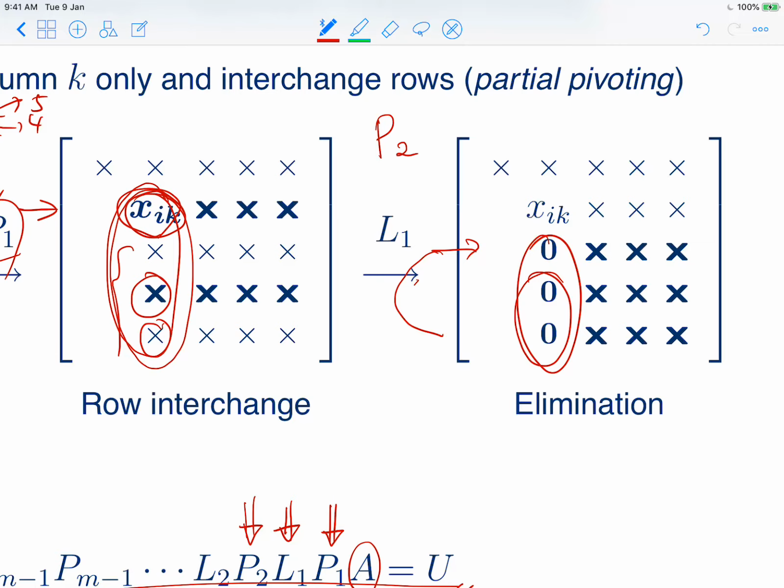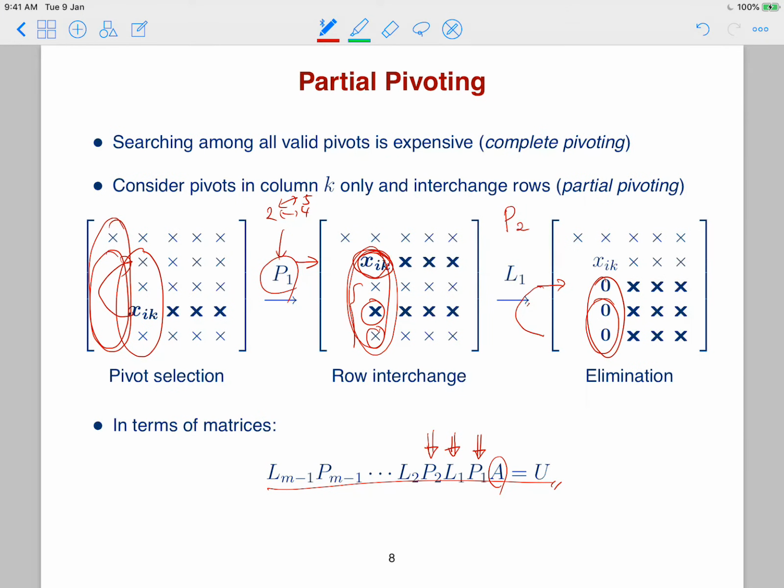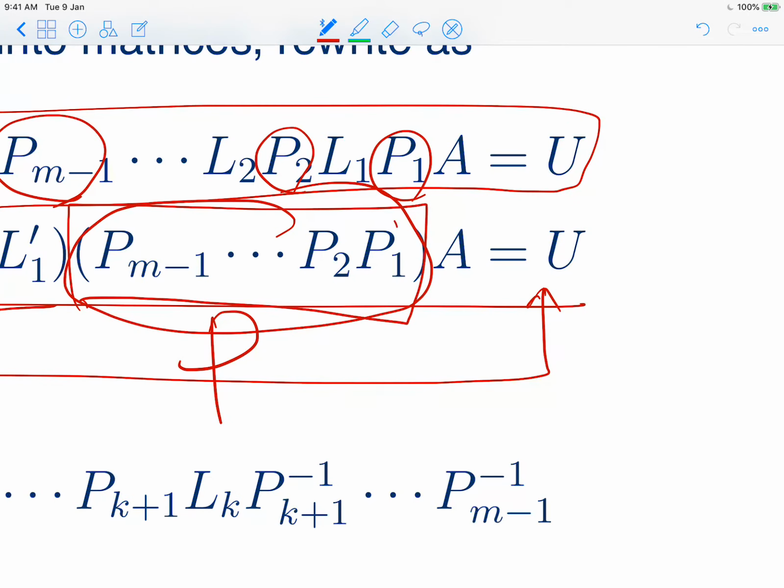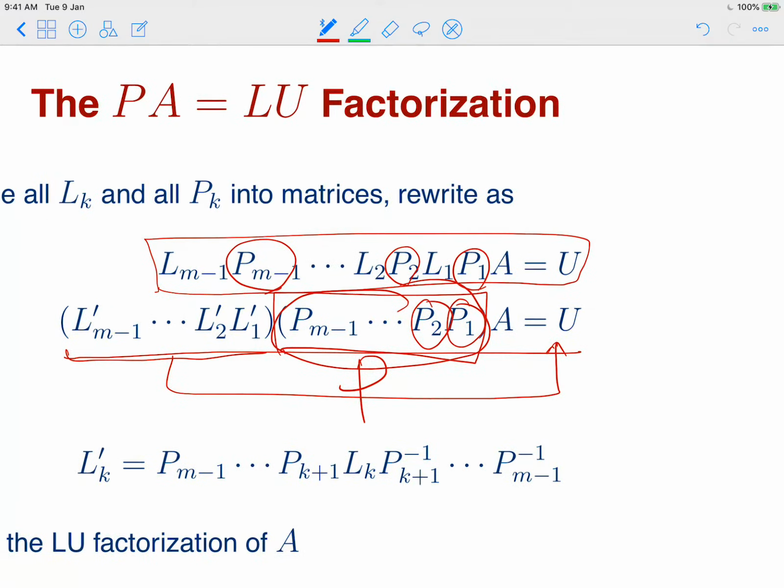So these matrices P's also have some special characteristics. In the case of P1, it will always involve the first row and one of the lower rows, right? And in the case of P2, it will always involve the second row and one of the rest of our rows, the third to the rest. So it also has this special characteristic.